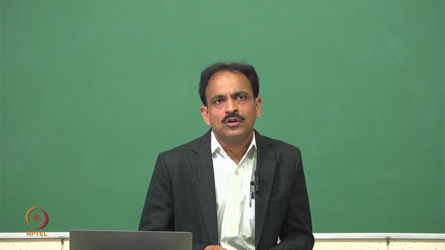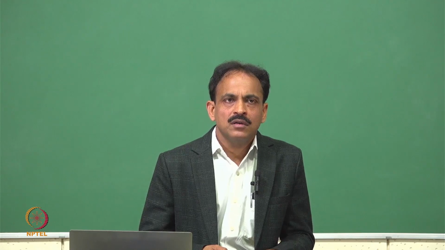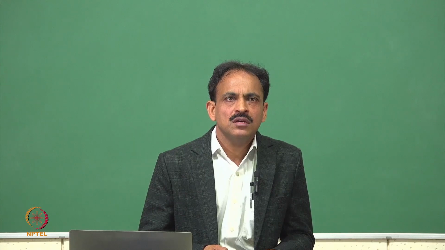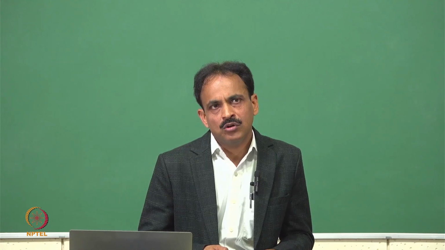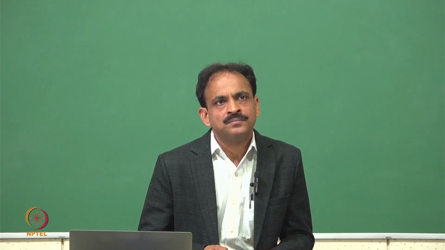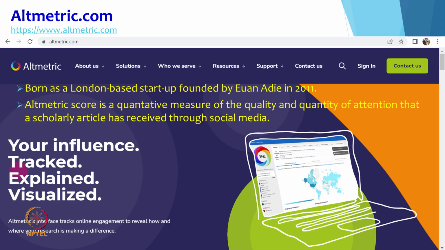There are a number of altmetric tools, some of them being altmetric.com, Impactstory, PLOS article level metrics, PlumX metrics, then ReaderMeter, ScienceCard, PaperCritic, Crowdometer and others. These are some of the altmetric tools which can be used to find out the altmetric score of a particular research output. What is altmetric.com?